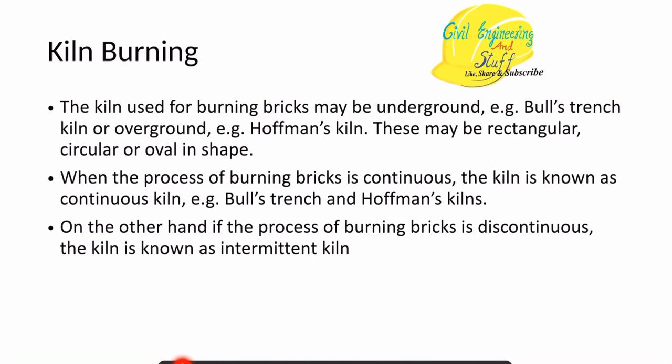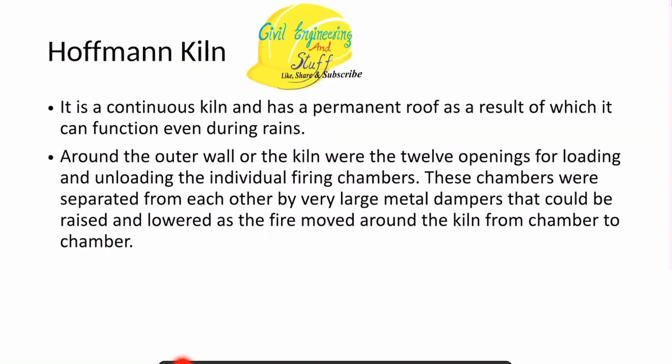So the two most commonly used kiln structures for the burning process are the bull trench kiln and the Hoffman kiln. So let us discuss the bull trench kiln and the Hoffman kiln in a detailed way.